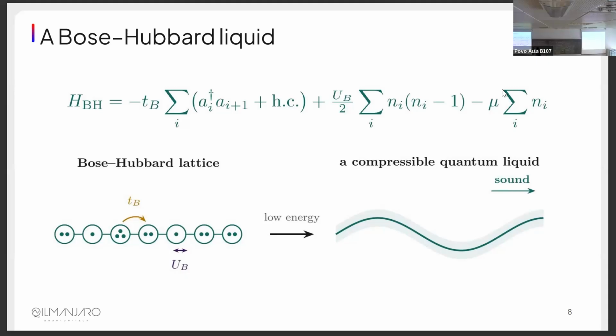Then we have U, which represents the energy cost of having more than one boson, because here n represents the number of bosons per site. a dagger is the creation operator that creates one boson at site i, and a is the destruction operator that destroys one boson at site i. And then we have mu, the chemical potential that imposes the average occupation in the full system.